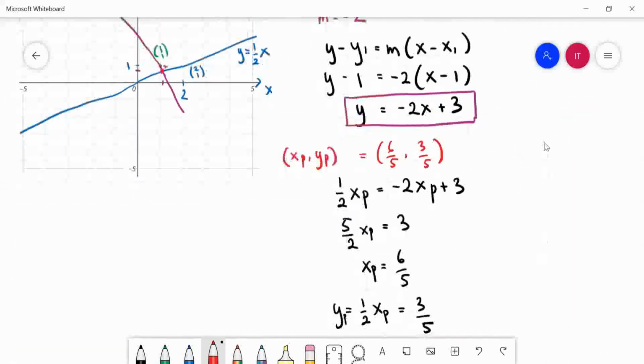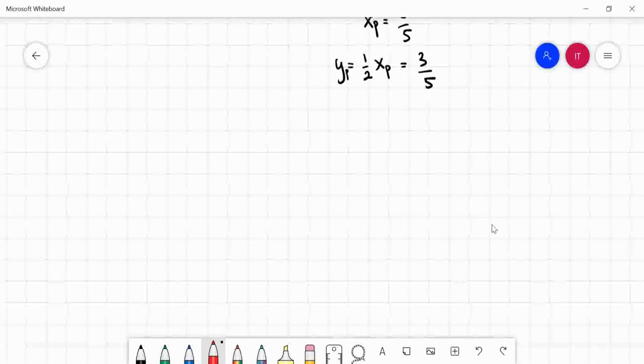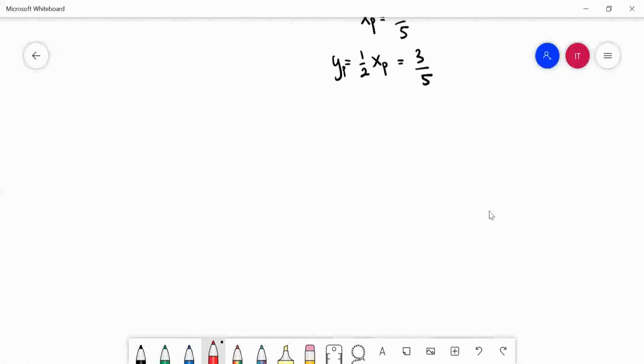This method can also be used for vectors that are bigger than 2 dimensions. For example, if we have u in 3 dimensions and v also in 3 dimensions, I just choose arbitrary numbers here.